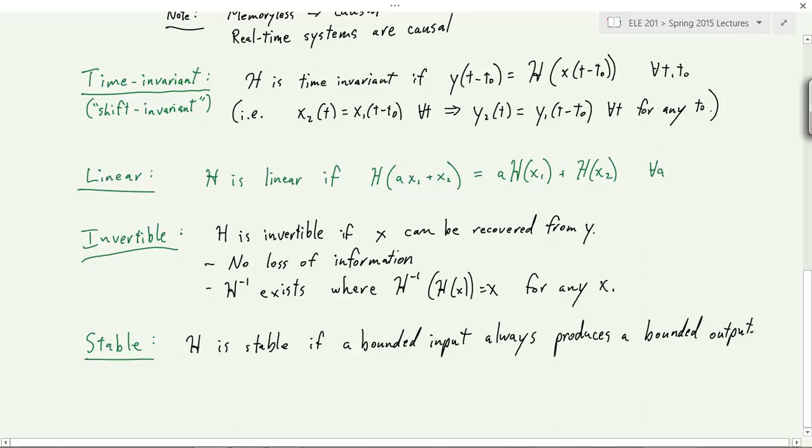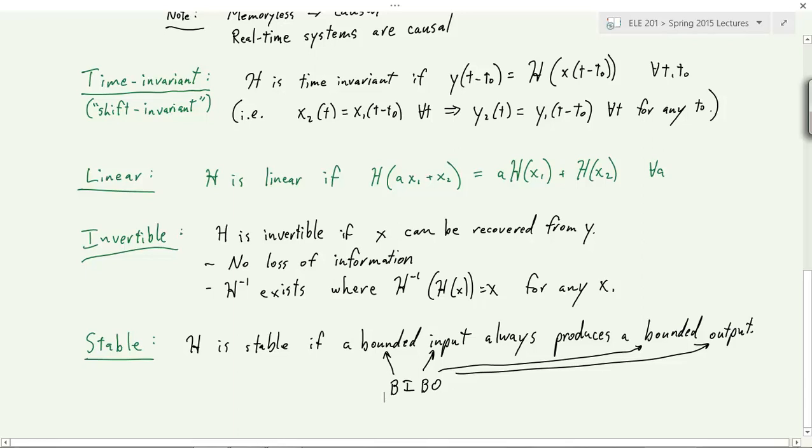In fact, there are potentially multiple ways of defining a stable system. This way is abbreviated BIBO: bounded input, bounded output.